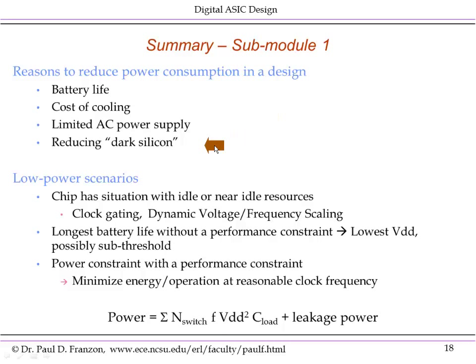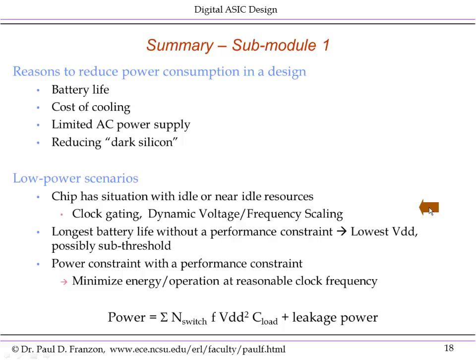That is silicon we have to leave off because we can't get rid of the heat required to have it all on at the same time. And a big focus of modern designs is achieving better energy efficiency, better energy per operation, in order to reduce the amount of dark silicon that we have.